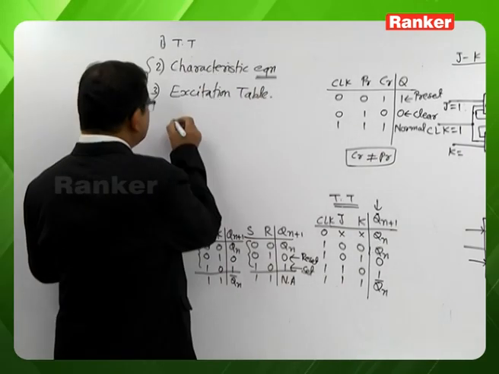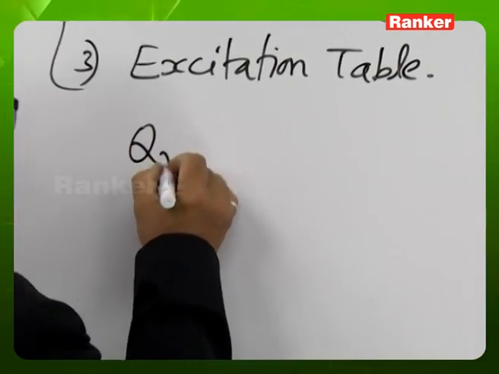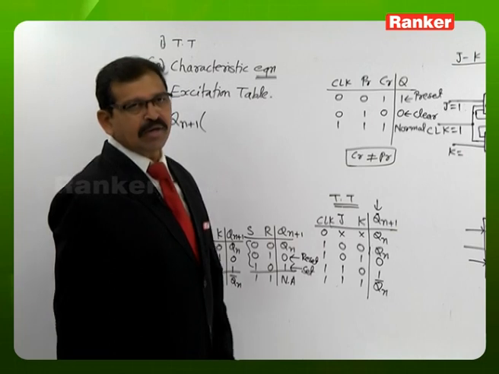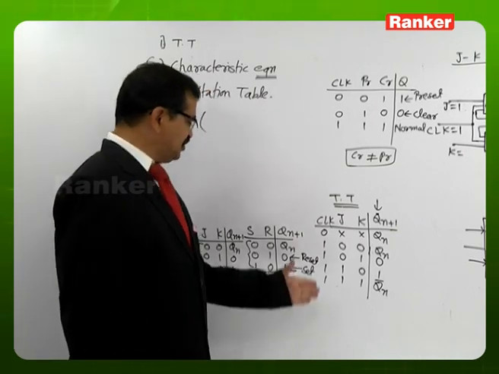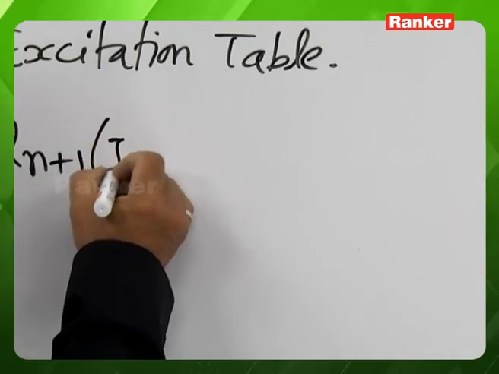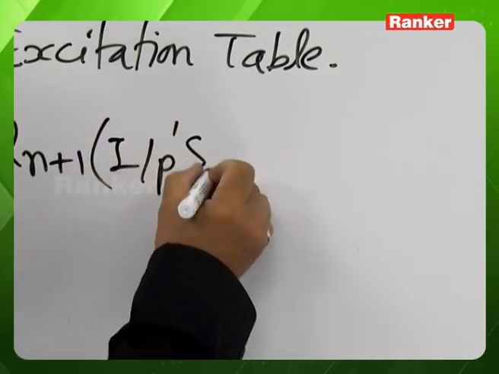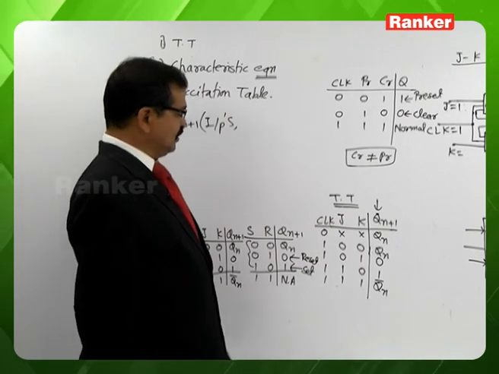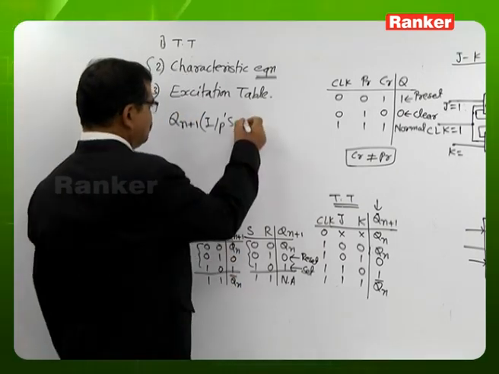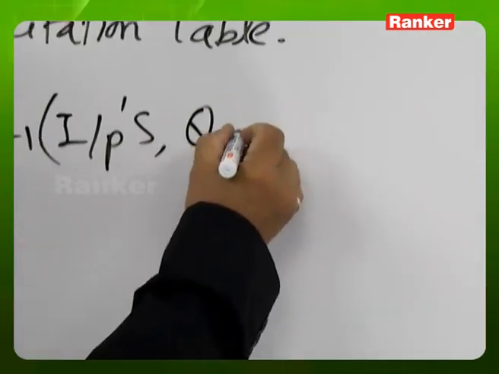So the equation we are going to develop is for Qn plus 1. And this next state depends upon which variables? The next state depends upon the inputs of the flip-flop, and also on the previous state of the circuit, so it also depends on Qn.